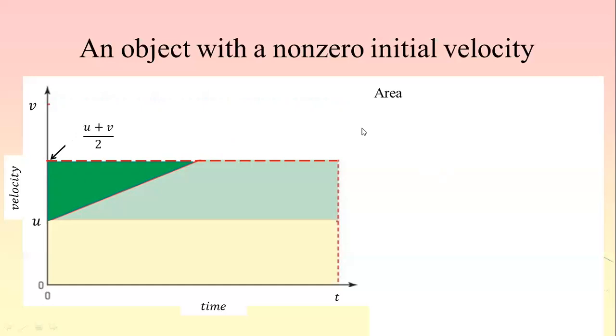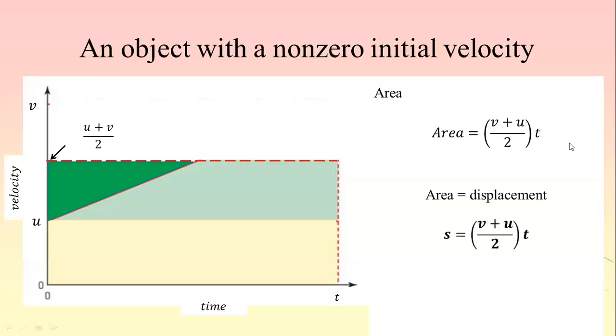Now, to find this area, we can simply multiply the value of this side, which is the average velocity, times the time. Notice again, when we find the area in this scenario, we are essentially multiplying velocity by time, which means that we are actually getting the displacement. So displacement can also be equal to the quantity v plus u over 2 times time.